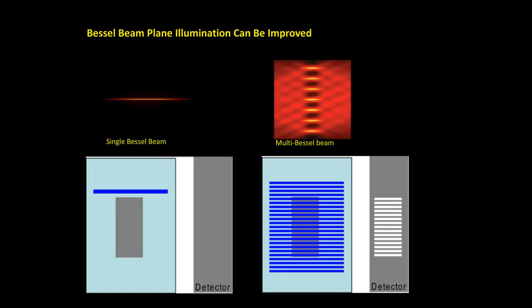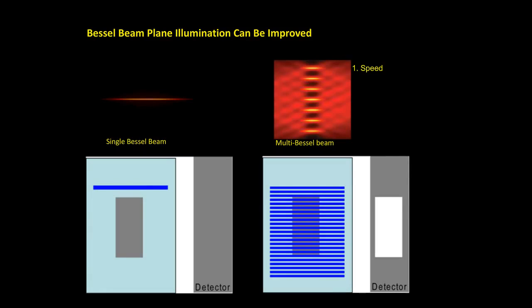So how about we create multiple beams simultaneously by optics? This is the benefit of multi-beam. First is the imaging speed: because we have multiple beams, the imaging speed should be faster. Second is the photodamage.